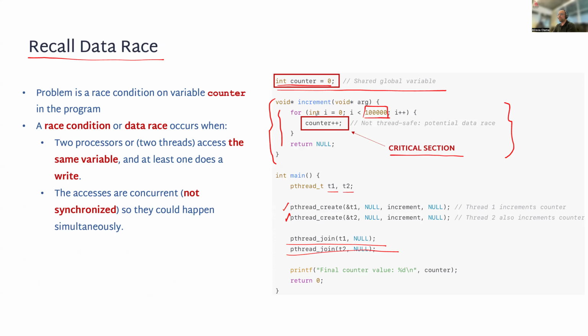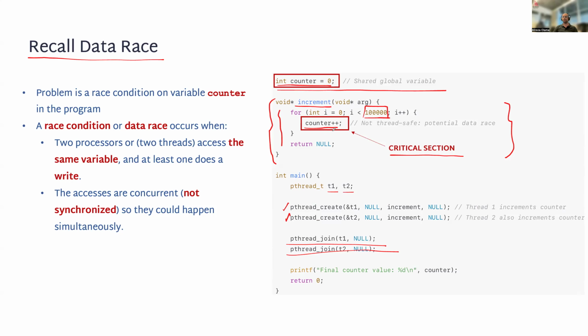Okay, so if I run this code sequentially, which means if I call this increment function 2 times, what would be the expected result in this case? So what would be the final value of counter in this case?